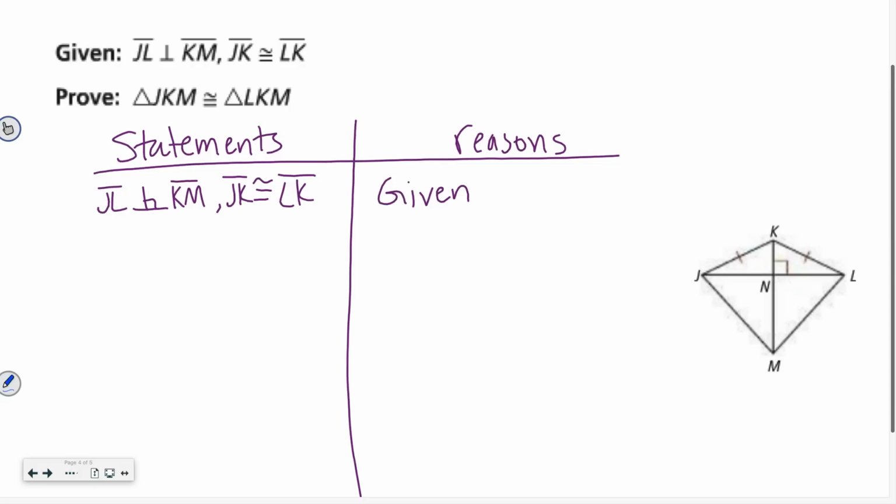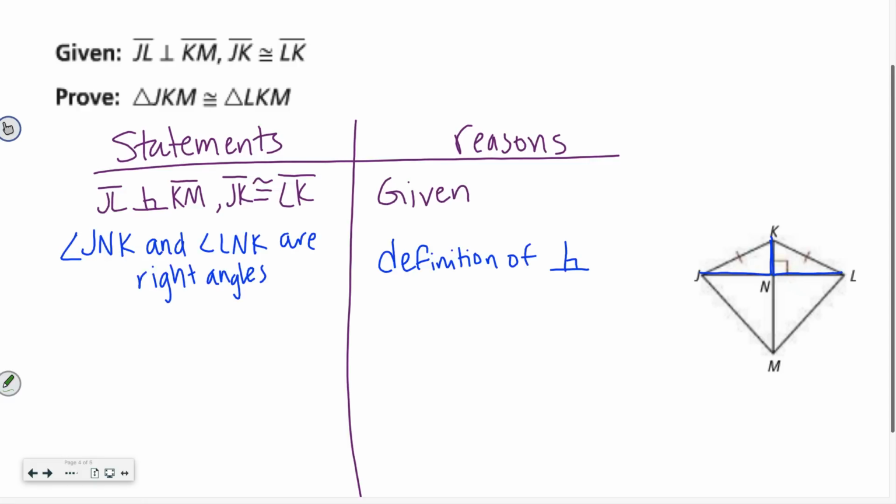I'm going to work with that very first piece of information first. So if segment KL is perpendicular to KM, then I can say that angle JNK has to be a right angle, just like LNK also needs to be a right angle.